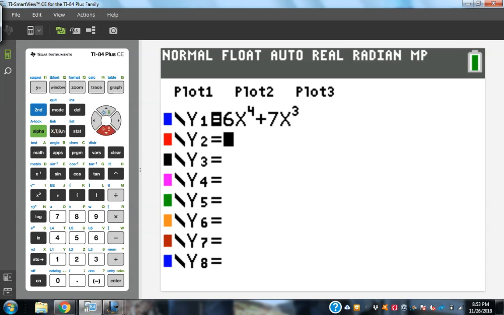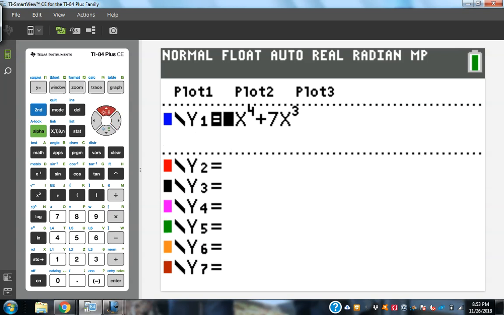And then minus 12x squared minus 3x plus 2. Okay, so I've got that polynomial typed in there.